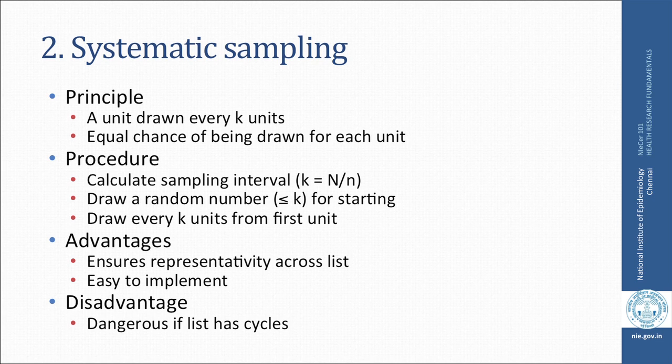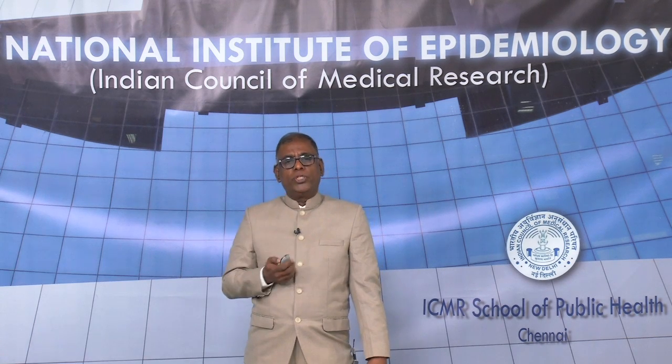If there is some sort of a cycle in some specific characteristic that you are studying, then you might get a sample which is very atypical in systematic sampling. Also, some of the statistical measures that you are going to compute are difficult to obtain with systematic sampling, where you do not have exact formulas and may have to use approximate formulas.